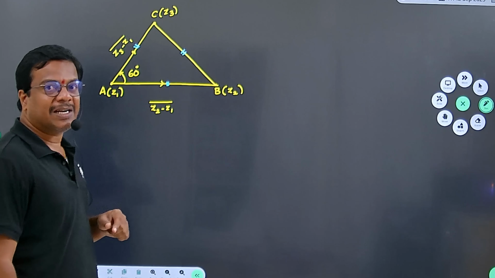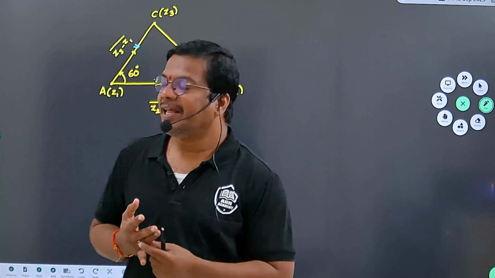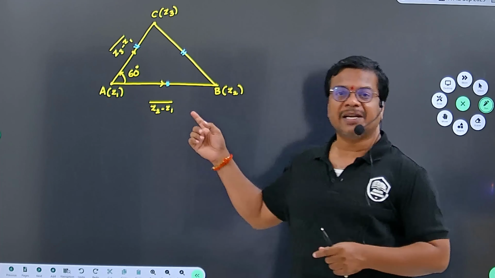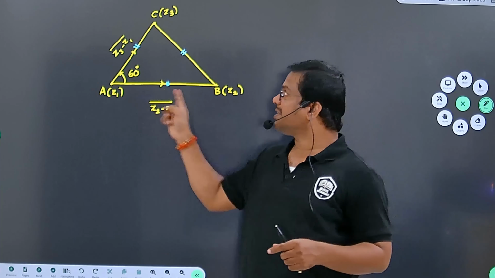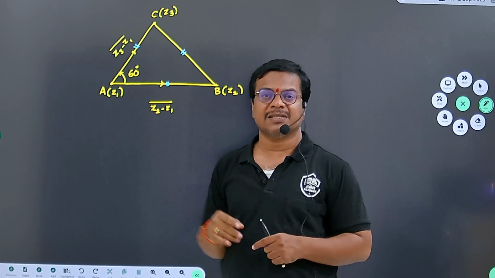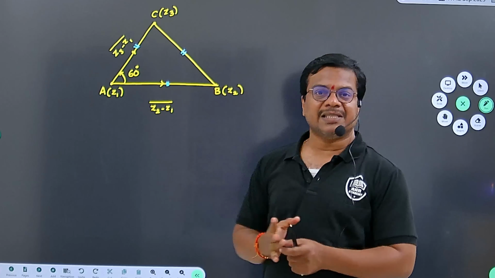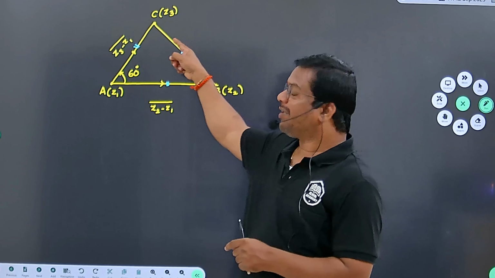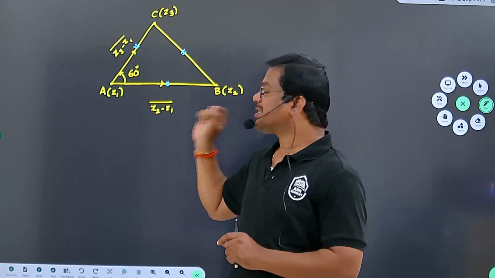There is an equilateral triangle ABC, and in the Argand plane the vertices are denoted by complex numbers Z1, Z2, Z3. All the three sides are equal in length and the vertical angle must be 60 degrees.